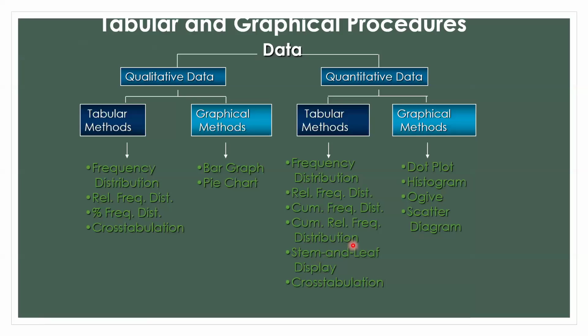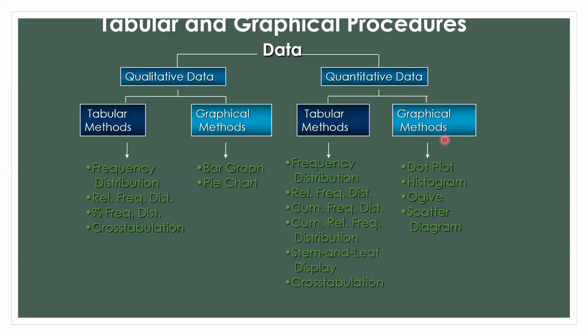diagram summarizes all the tabular and graphical techniques that you can use when the analysis is qualitative and quantitative. When the quantitative analysis is taking place, these are the more frequently adopted tabular methods available for you. Frequency distribution, relative frequency distribution, cumulative relative frequency, stem and leaf, cross tabulation.